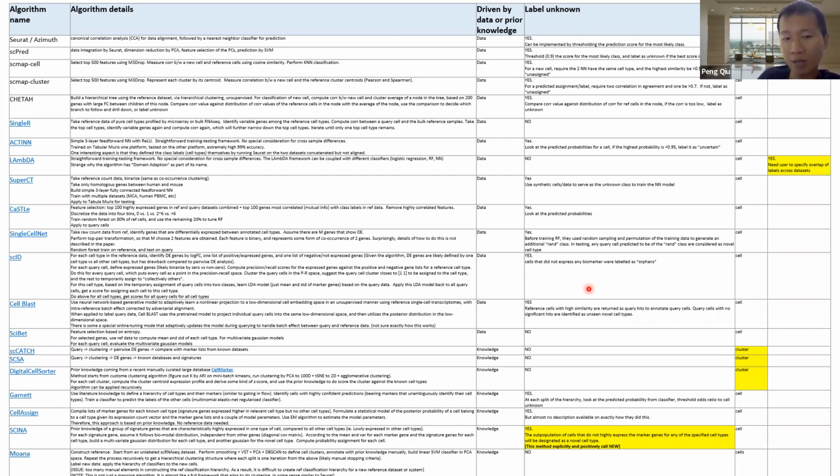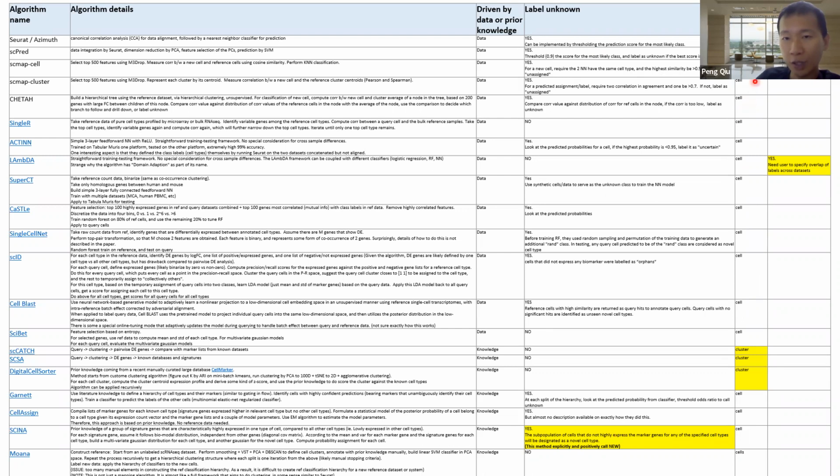So if an algorithm is designed this way, then I would call that algorithm able to explicitly and sort of directly label unknown. And it turns out that among all the existing algorithms listed here, only one algorithm is able to label unknown novel cell types in a direct way.